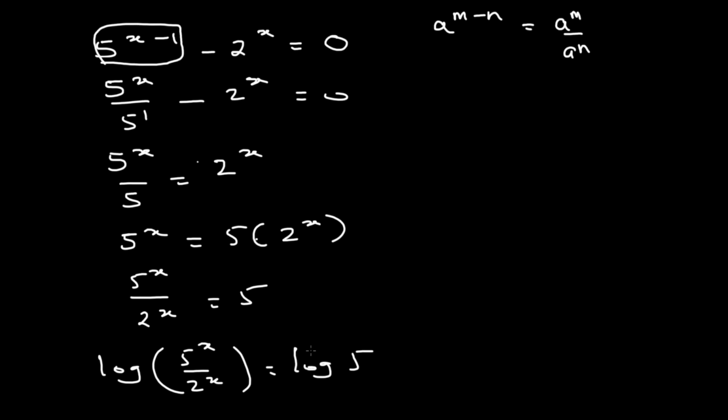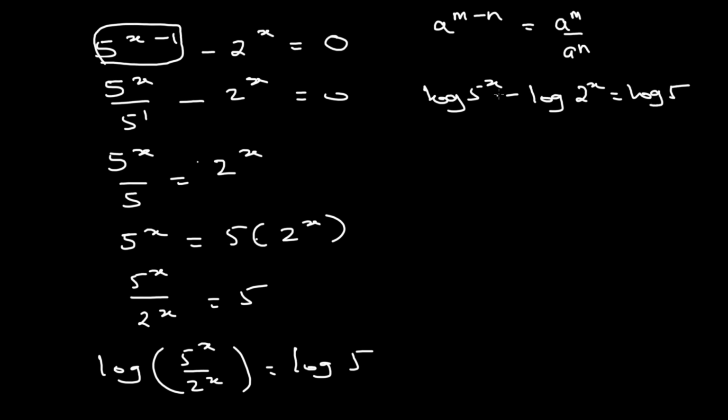Now we continue. We said that this is the same as subtraction. So I can do log 5^x minus log 2^x equal to log 5.